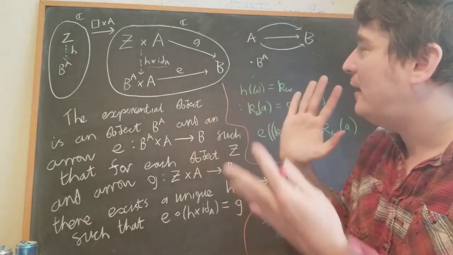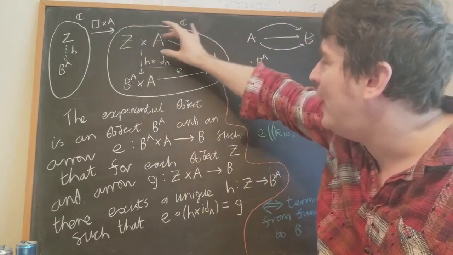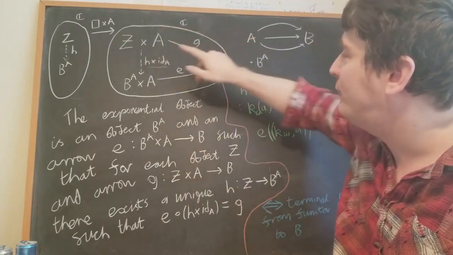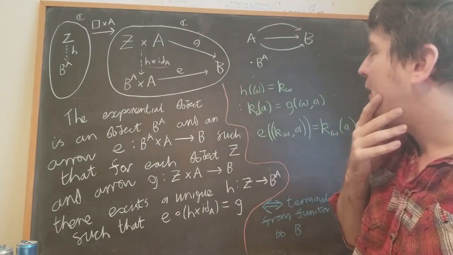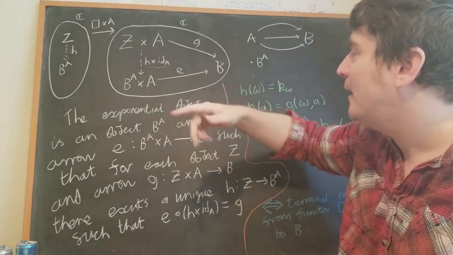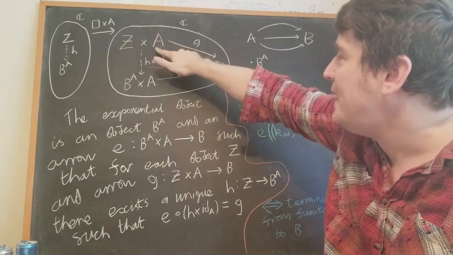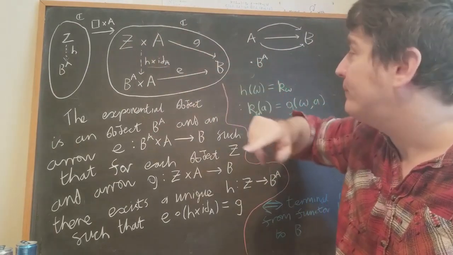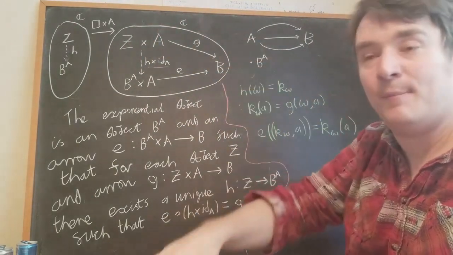So if you change your perspective a little bit and think about this Z times A, what's G from Z times A into B? Well, it's going to be a function with two inputs, okay? An input w from this set Z and an input little a from this set A. And it's going to send those two inputs to a member of this set, capital B here.